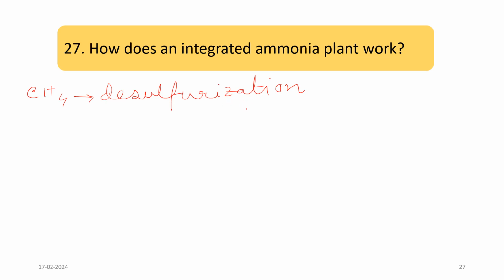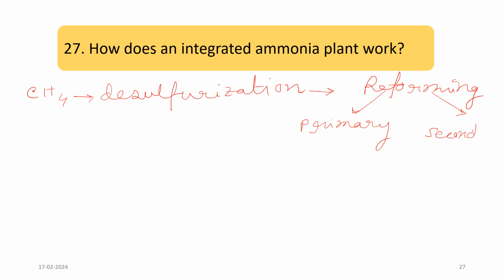Then comes the reforming. In the reformer, there are two types of reformer: primary reformer and secondary reformer.